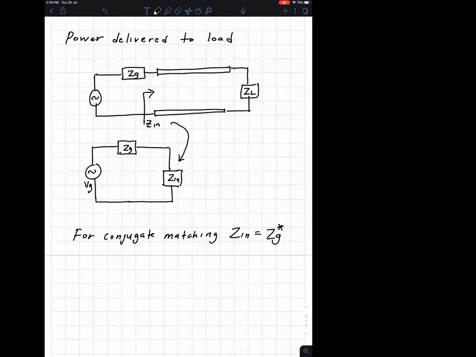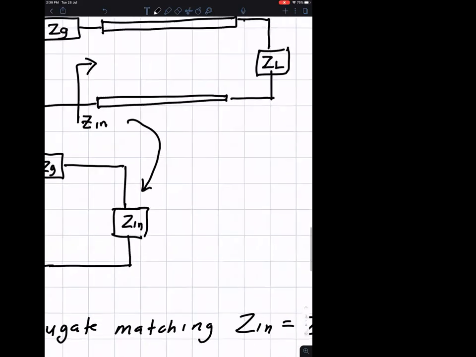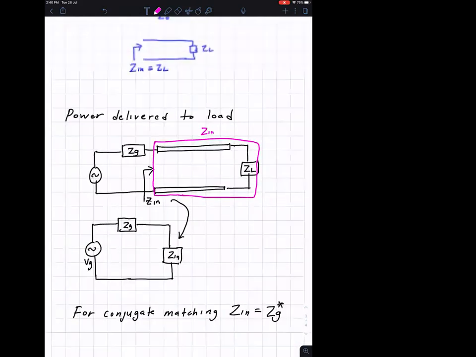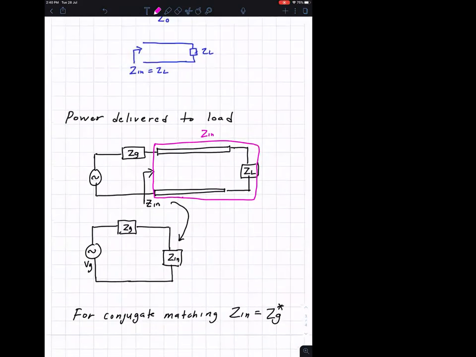Like the transmission line, the impedance looking into, let's say, the impedance looking inside here, this whole thing here is Z in. Everything is Z in.